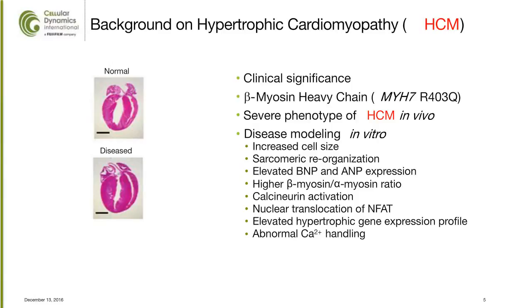These can be studied in vitro by looking at the structure or morphology of the cells, looking at changes in cell size and reorganization, as well as changes in gene expression, increases in fetal gene expression, as well as an increased expression of beta-myosin heavy chain to the alpha-myosin heavy chain ratio. This can be assessed functionally by looking at changes in calcium handling, electrical activity, or contractile properties.